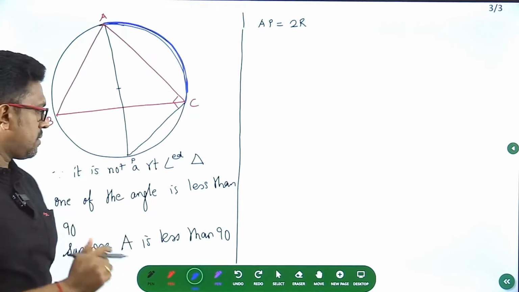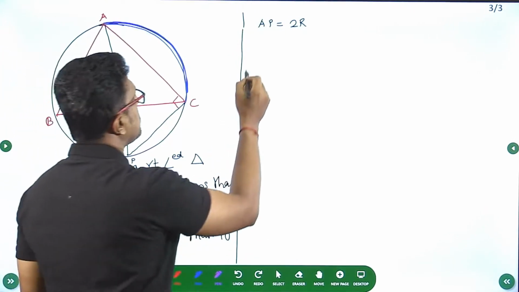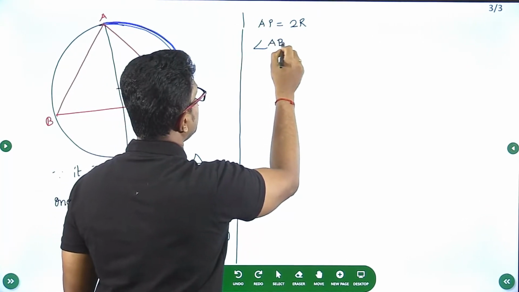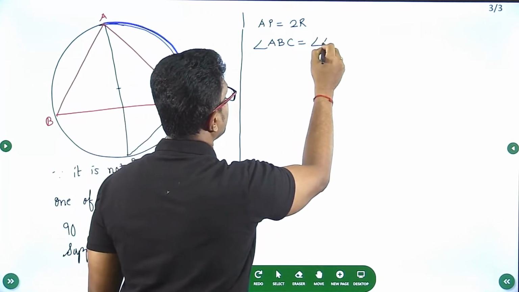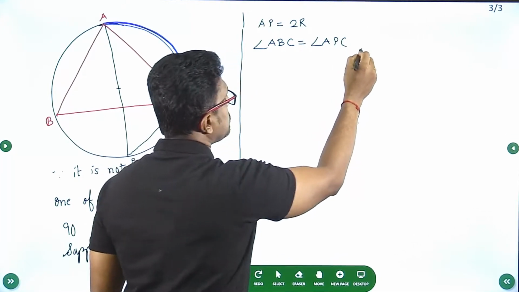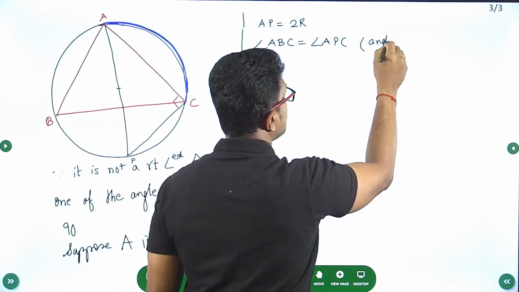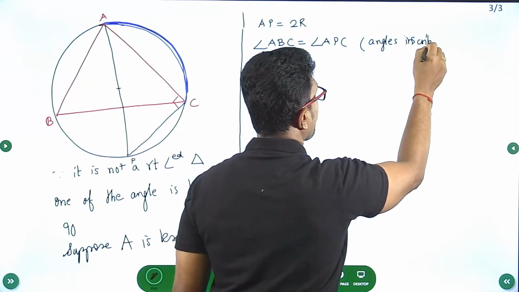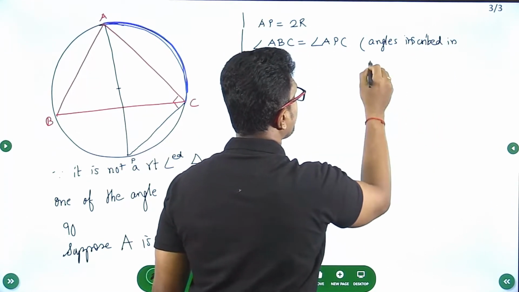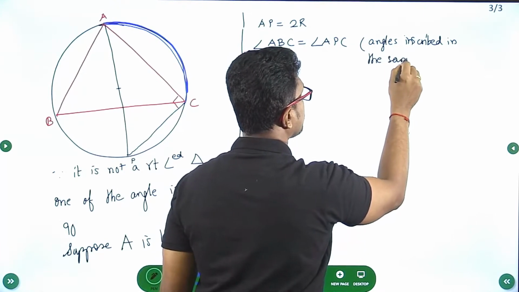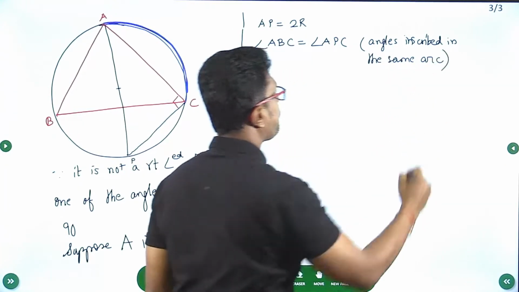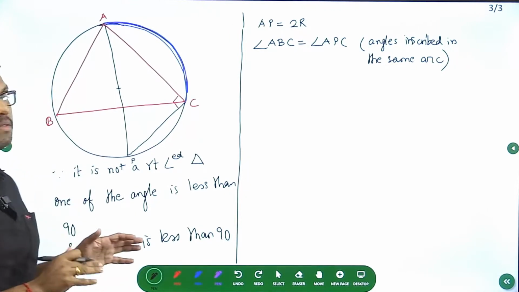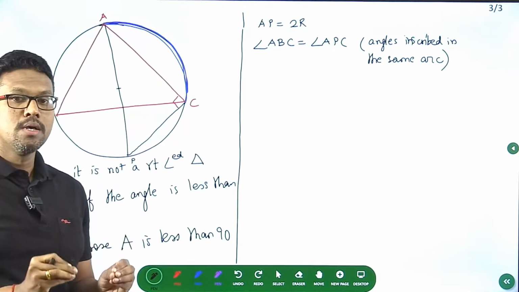So inscribed angle theorem को अगर हम लोग properly देखें, तो we can say angle ABC is equal to angle APC. That is because angles inscribed in the same arc. तो these are angles inscribed in the same arc. तो पक्के तौर पे एंगल ABC और एंगल APC का वैल्यू क्या होगा, सेम.